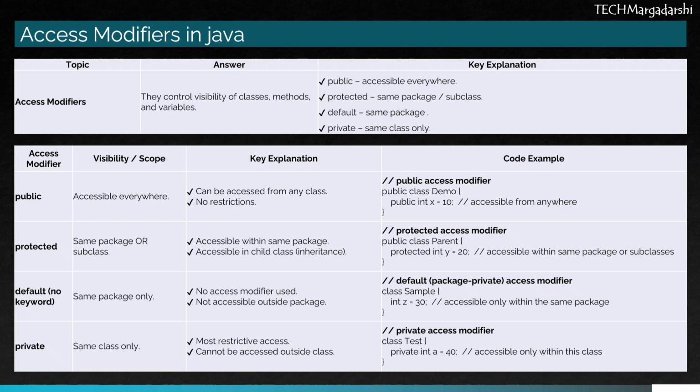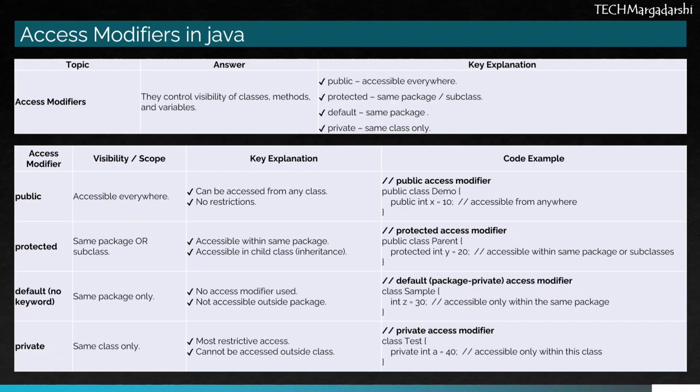First, public members are accessible from anywhere, inside the same class, same package, or even different packages. Next, protected members can be accessed within the same package and also by child classes through inheritance. Then we have default access, which applies when no modifier is used. Such members are accessible only within the same package.